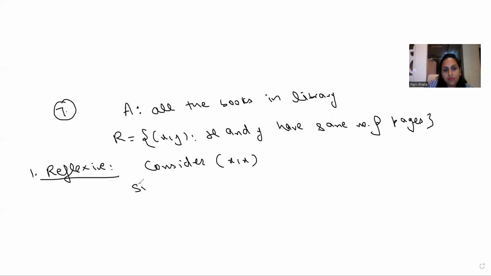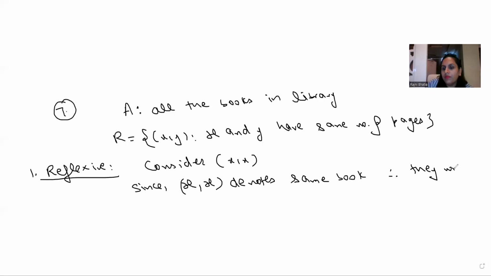So we will write, since (x, x) denotes the same book, therefore they will have the same number of pages, and therefore we can say that R is reflexive.